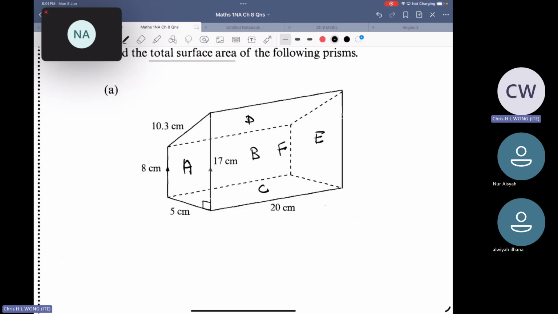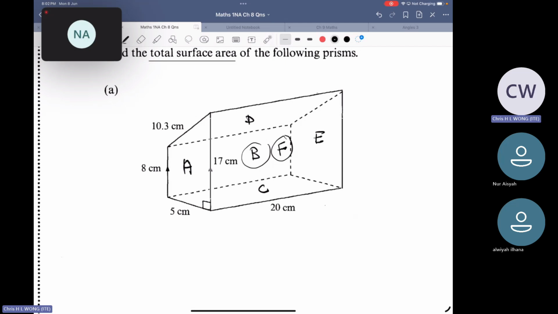Because they're all overlapping. Very difficult to see, right? So sometimes it's not a very good idea to name them like that. You don't know which one I'm naming, which is front, which is back, you can't tell.